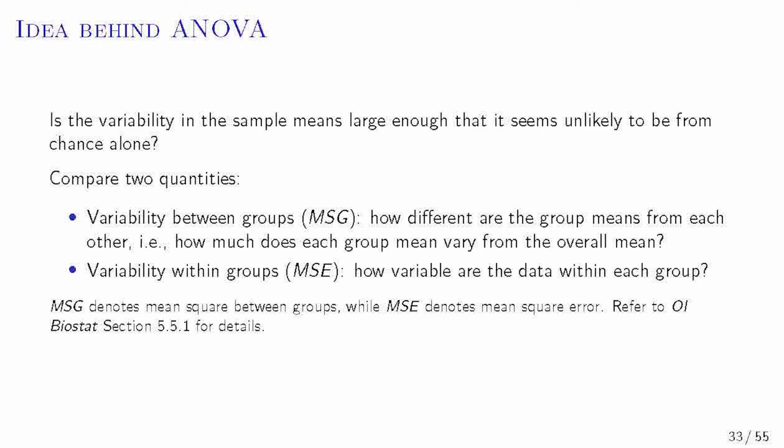So we're going to compare two quantities: the variability between groups, how different the group means are from each other and how much each group mean varies from the overall mean, and also the variability within groups. How variable are the data within each group?